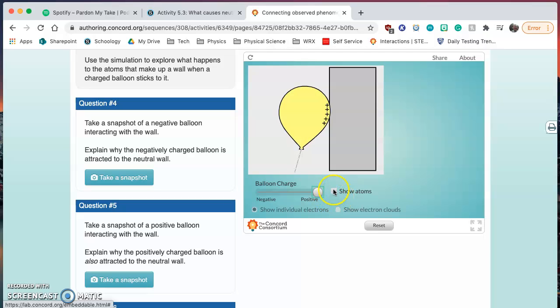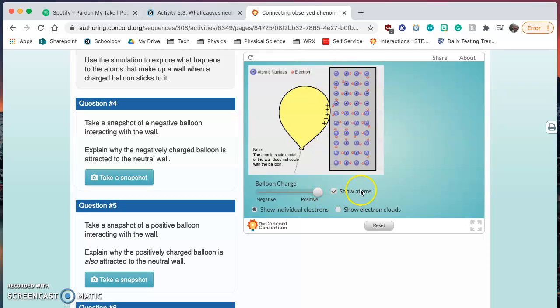Okay, I can also click to show the atoms on, this is supposed to be just a little section of the wall. Okay, and again, you can choose to show either this cloud like we've seen before. I think it's a little bit easier in this one to show the individual electrons because it's showing us very simple atoms in the wall here.